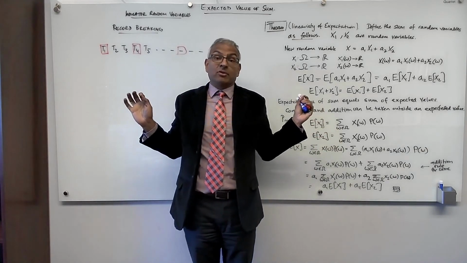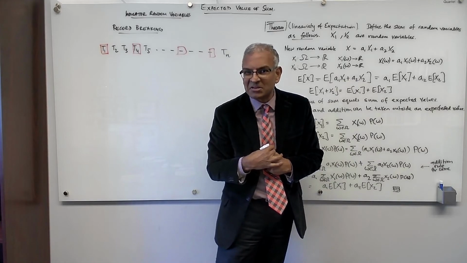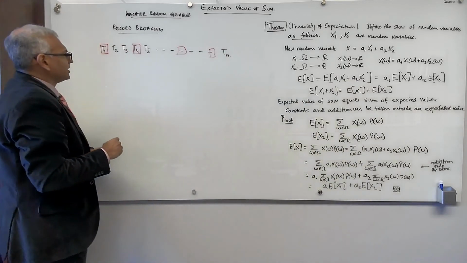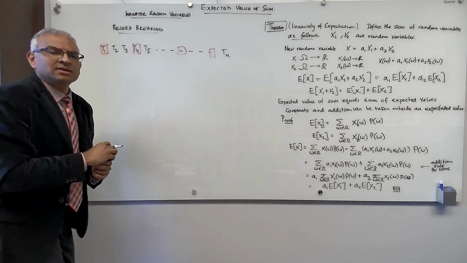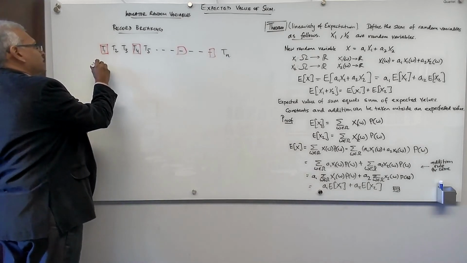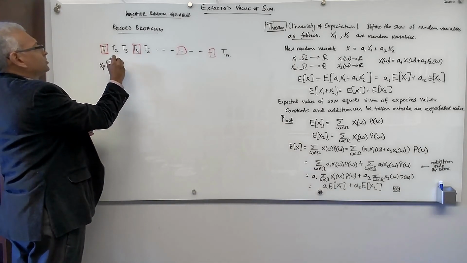That looks like a very, very complicated thing to analyze. Once you break it down using indicator random variables, it just reveals its secrets. Okay, so here we go. We will define an indicator which says, was today a record or not? So x1 equals 1, because it was a record. In this case, x2 equals 0, not a record.